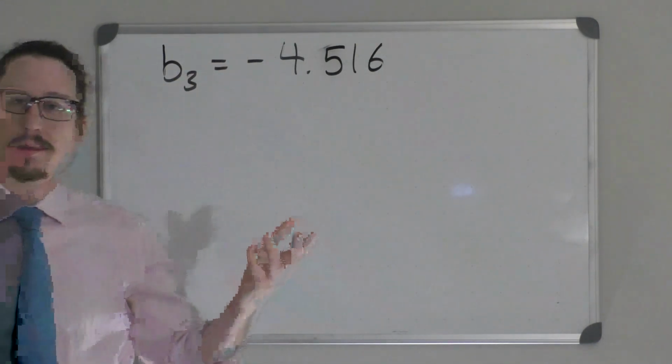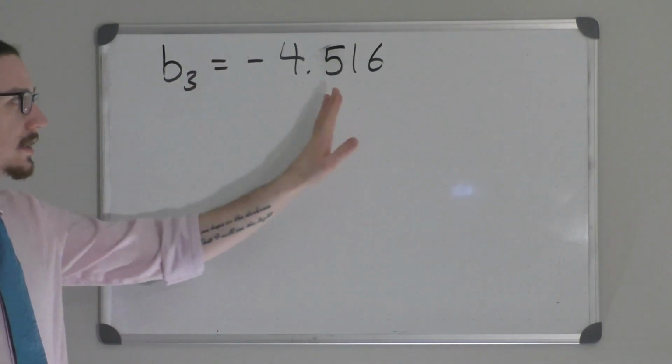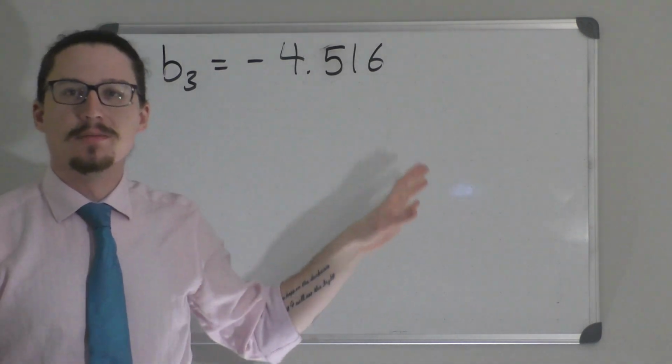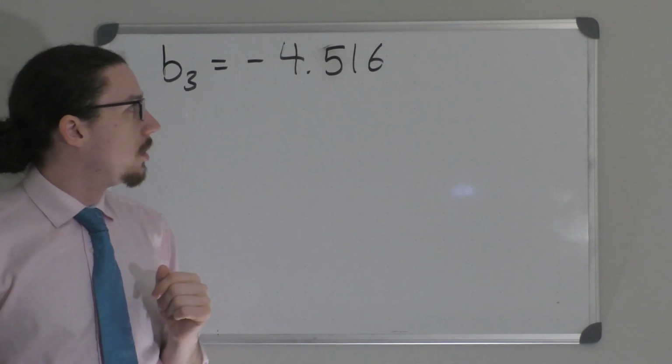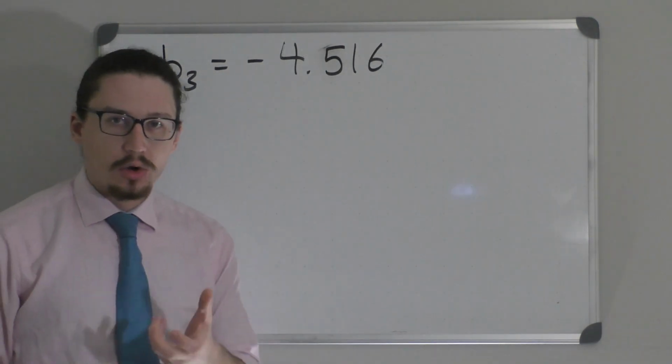All right, so beta 3, I keep saying that and almost wrote it. This is not beta 3. This is the estimate of beta 3. So b3 equals negative 4.516.